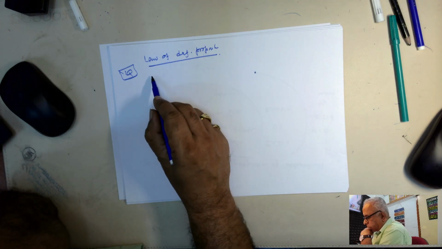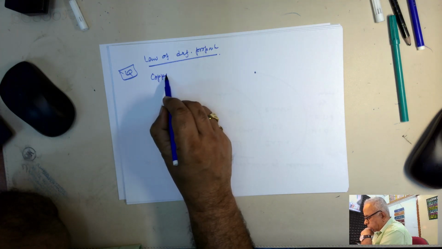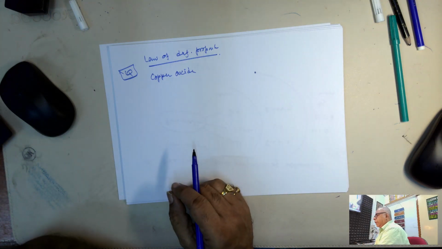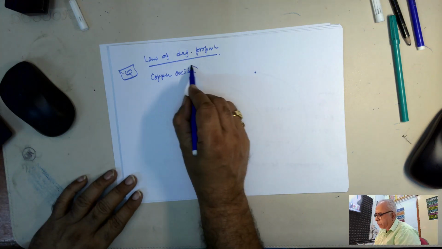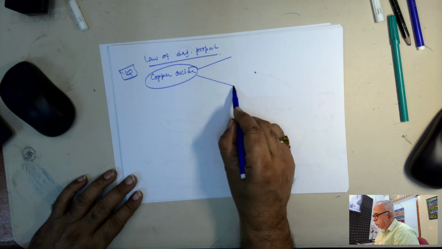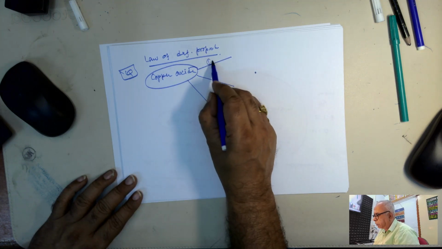Copper oxide was prepared by the following methods. You can call them method 1, method 2, method 3.